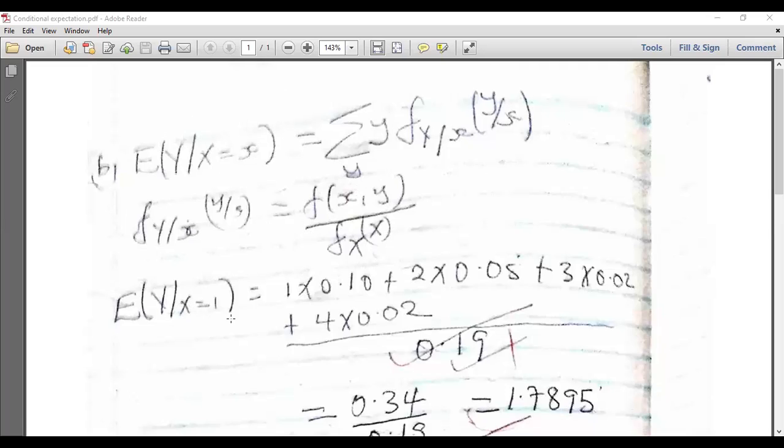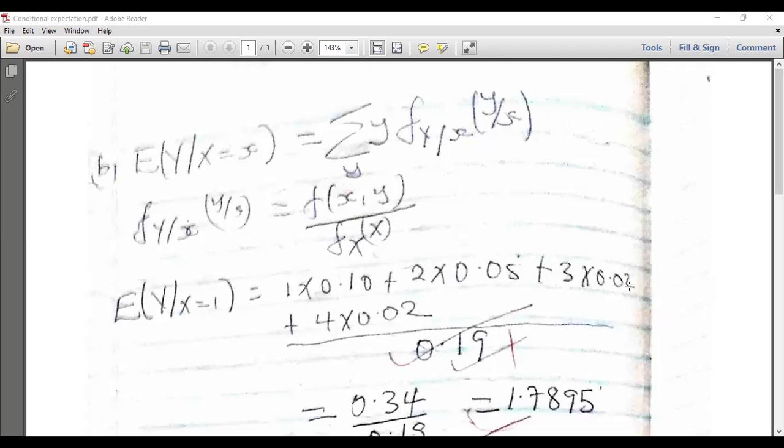So we sum over values of y. When y is 1, we get 1 times 0.10, then 2 times 0.05, and so on.